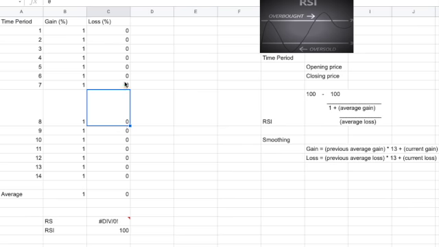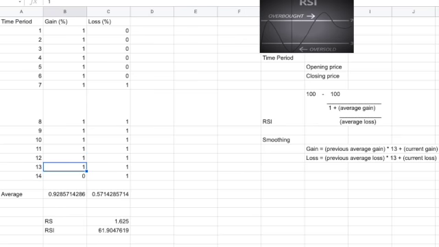So now let's do one thing. Let's change 7 time periods as loss and 7 time periods as gain. So we are saying an equal number of times one had losses.